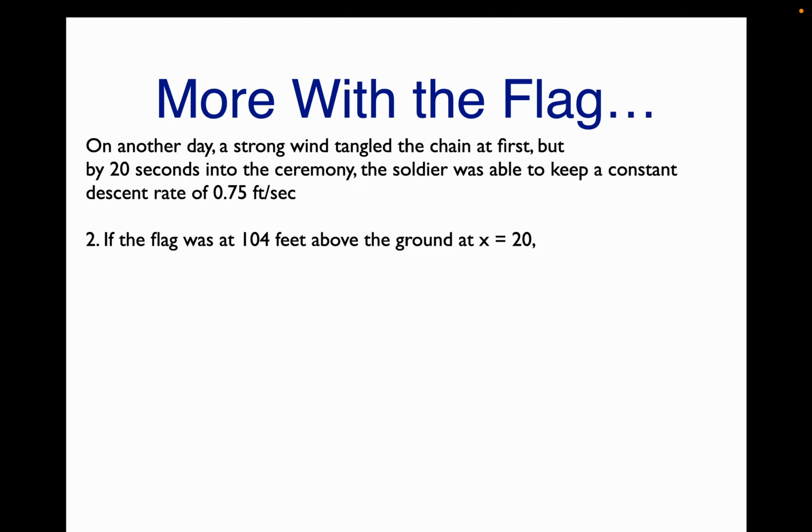So we're wiggling it around a little bit, so it's not all the way up at 110 at time 20. It's at height 104 at time x equals 20 seconds into this ceremony. Weren't quite able to do it evenly, it was a little bit caught. But the flag was at 104 feet above the ground at x equals 20, the time when we were able to begin this nice ceremonial, even, constant rate of descent.